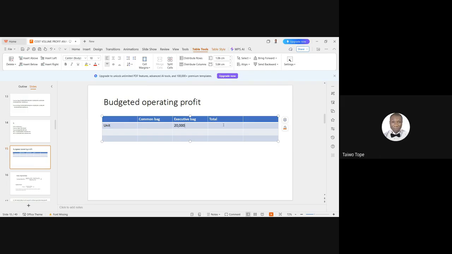Executive 20. And the total is 200. So 200 minus 20, you have 180. Now, the selling price for common bag is 200 naira.